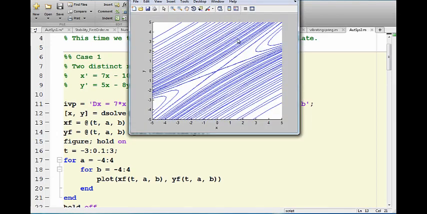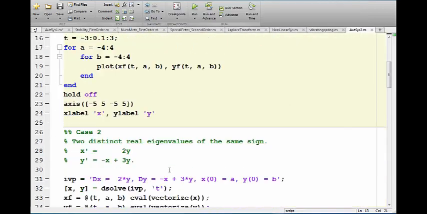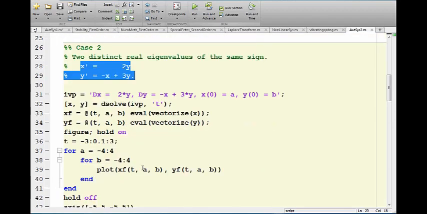What kind of phase portrait. There it is. That's the one that corresponds to a saddle point when we have 2 real eigenvalues of opposite sign. Bigger so you can see it. Okay, next case is 2 distinct real eigenvalues of the same sign. Here's a sample case. Let's evaluate.